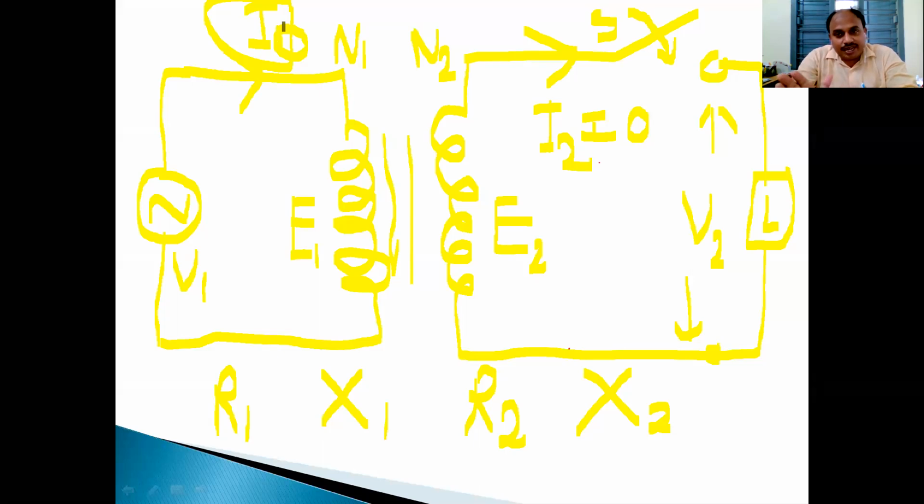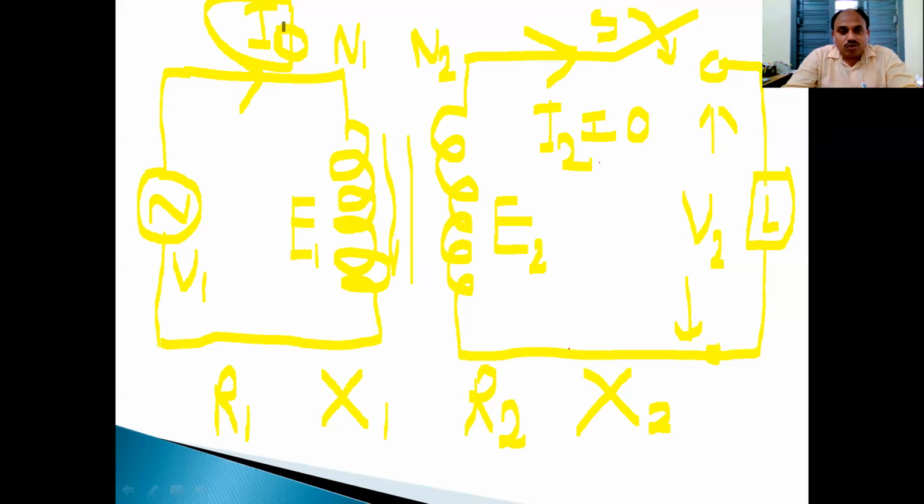This is when the secondary circuit is open circuit. The purpose of I0 is that it produces some magnetic flux. That magnetic flux links the two coils and establishes the coupling between the two coils in the transformer.